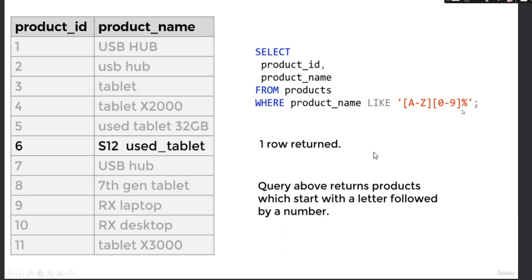So A to Z means that the first character can be any letter from A to Z. We have one row which meets this condition, the product S12. Product S12 starts with a letter followed by a number. In this case, the first character is the letter S, and the second character is the number.